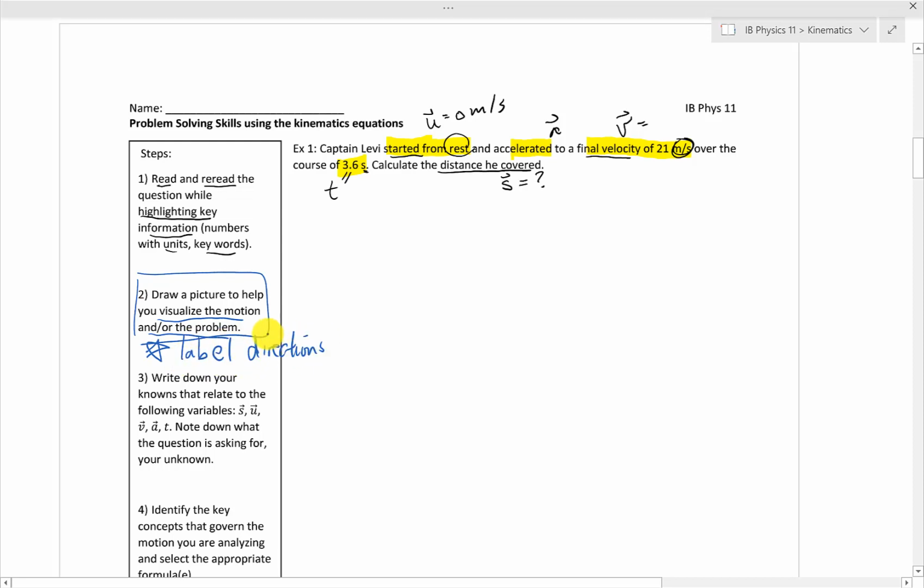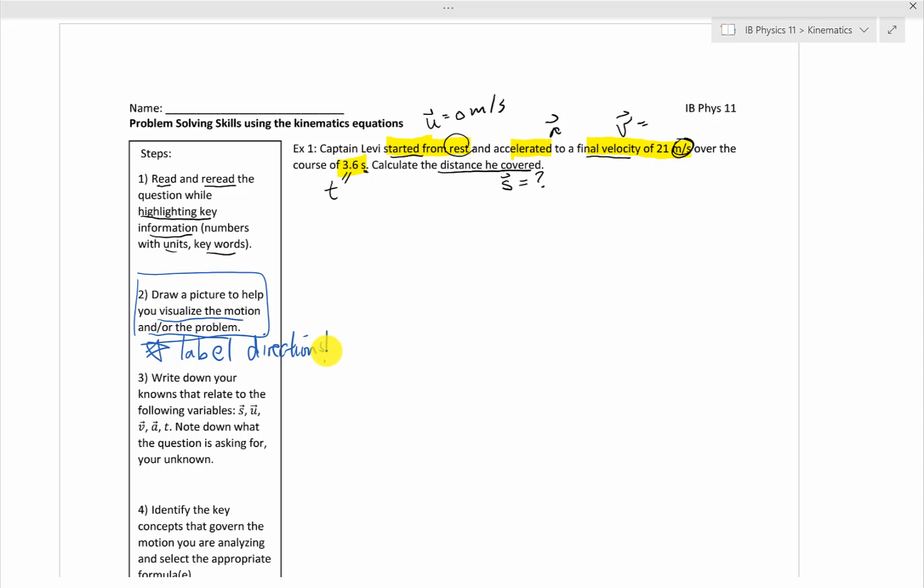I went into depth on how important direction is in kinematics and in all units of physics. Direction is so important, and it will tell you whether you want to use a positive or a negative value in your question. So please label the directions.